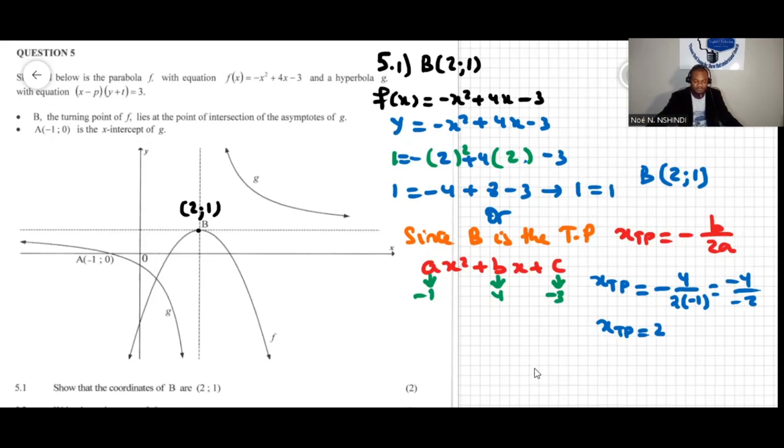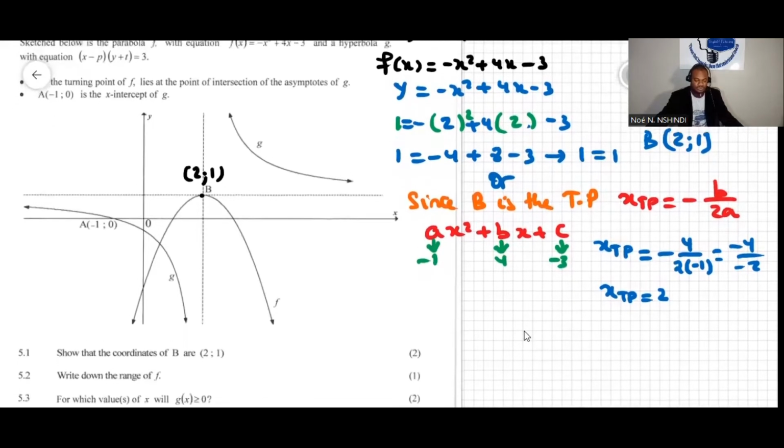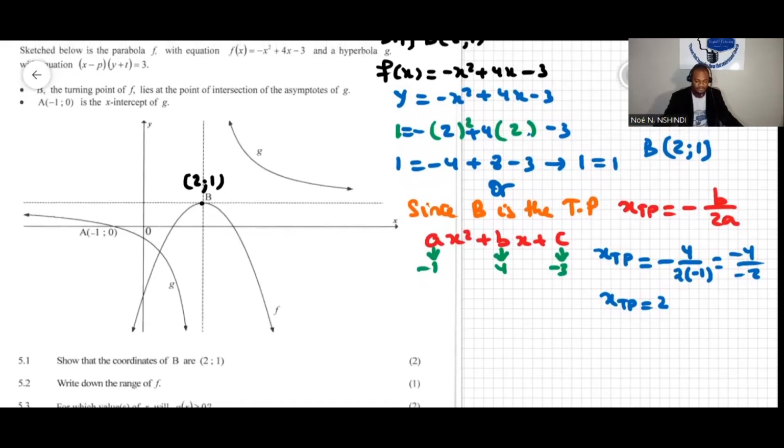We can move on. The following question is question 5.2. Previously we did 5.1. Now we're going to do 5.2, which says write down the range of f. Well, f is a parabola, it has an inverted U-shaped form.